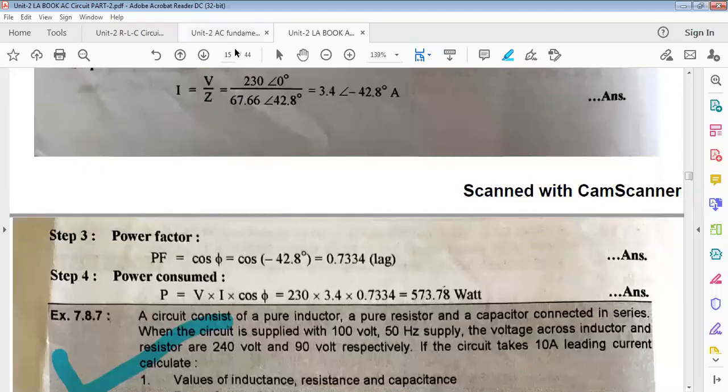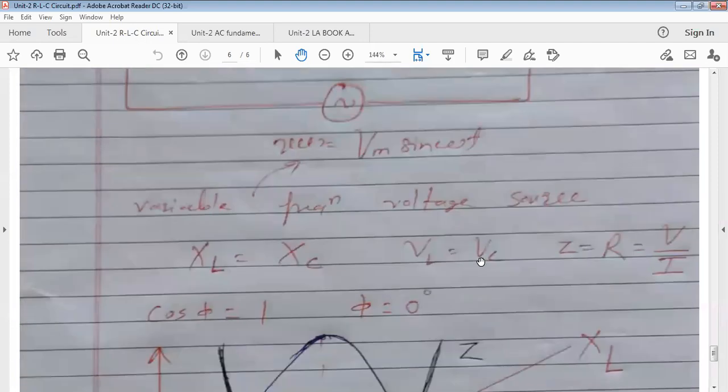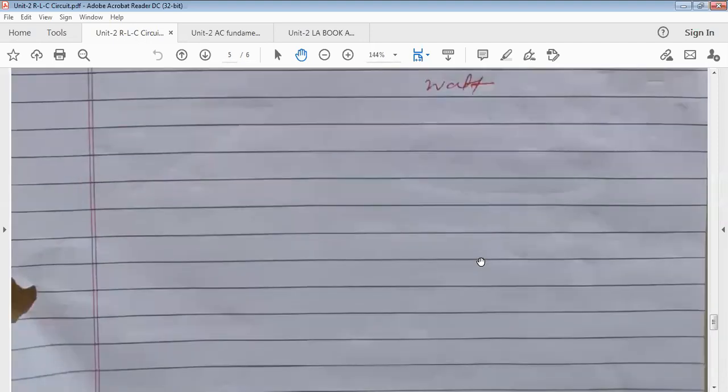Now only one part is left. Yesterday we started with power factor improvement, so some part I told you. The ideal value of cos phi is 1.